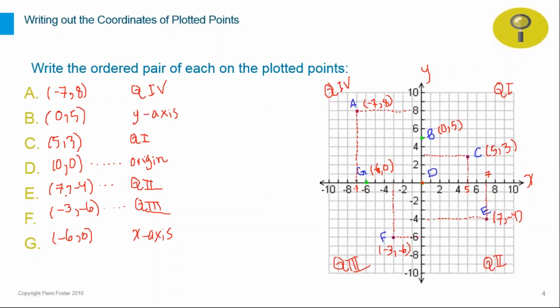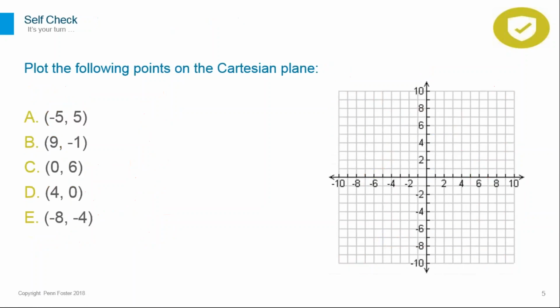Okay, so let's look at the next question. The next question will be a self-check for you. So let's read the question together, and then I will ask you to pause the video, do the question, and you need graph paper for this question, and then you can replay the video and look and compare your answers.